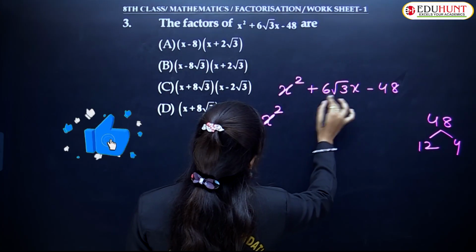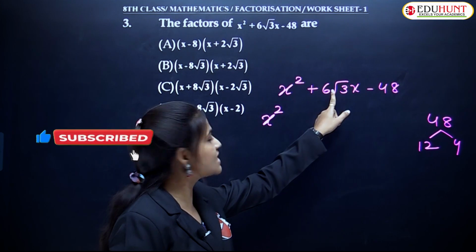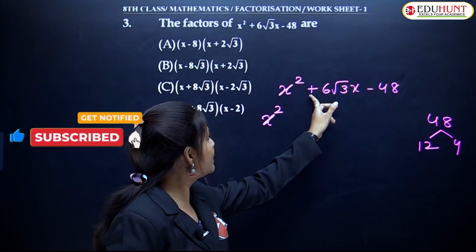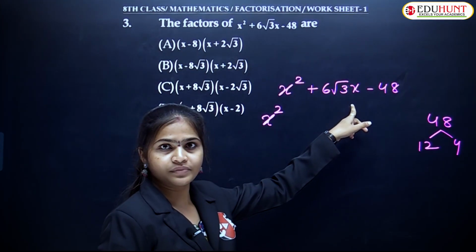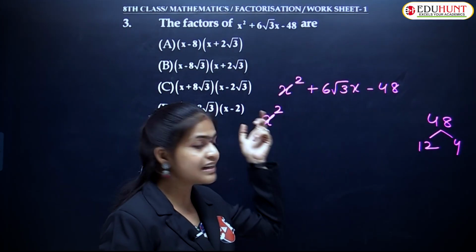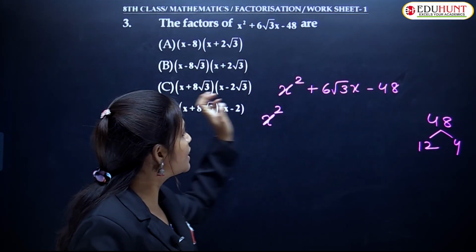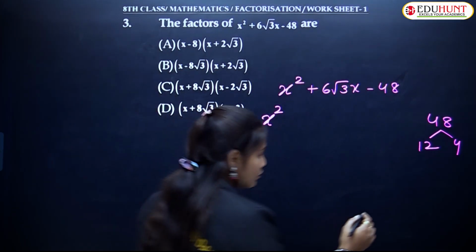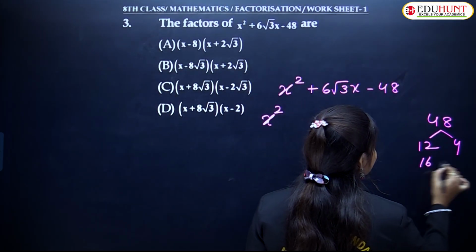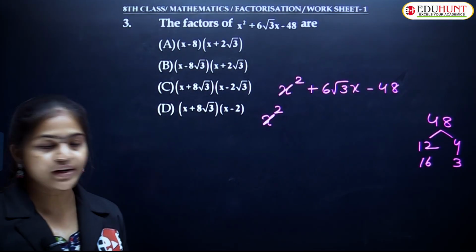The sum of the terms or the subtraction of the terms must be equal to the middle term, and the middle term is also positive. Clear ma? So what are the possibilities they are asking? Through the options also we can observe. Another two factors there, what are those? 16 threes are 48. Shall we write like this ma? 16 threes are 48.